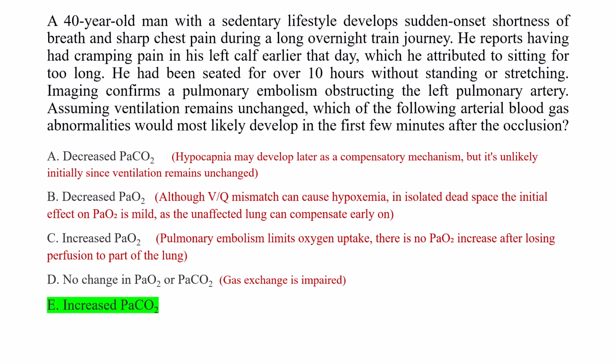And option C is incorrect because there is no basis for increased partial pressure of oxygen, because pulmonary embolism limits oxygen uptake, and you would never see partial pressure of oxygen increase after losing perfusion to part of the lung. And option D is incorrect because gas exchange is impaired.